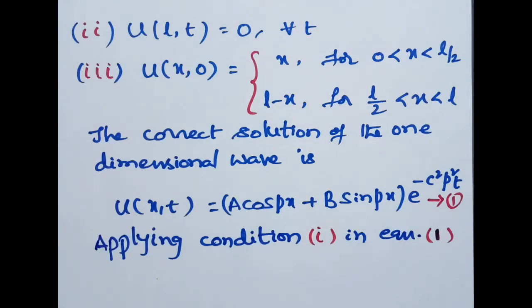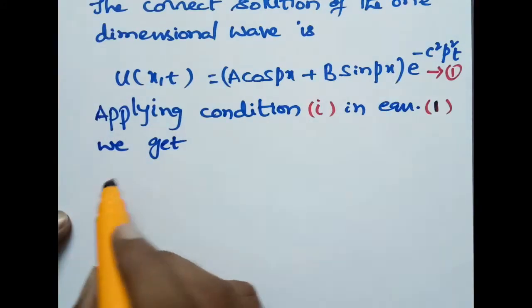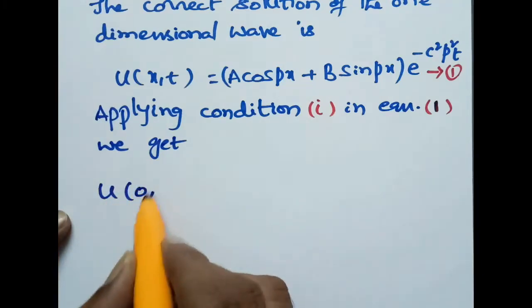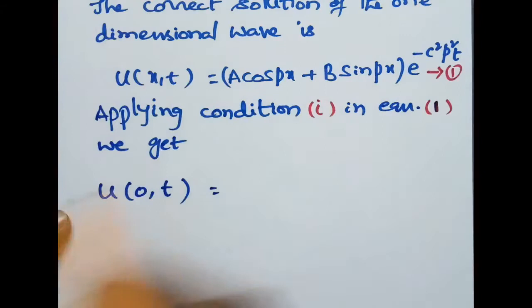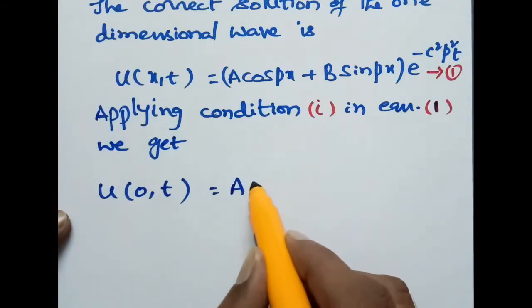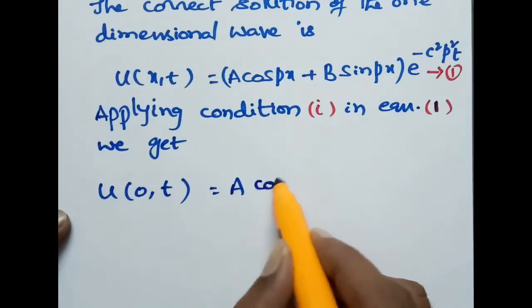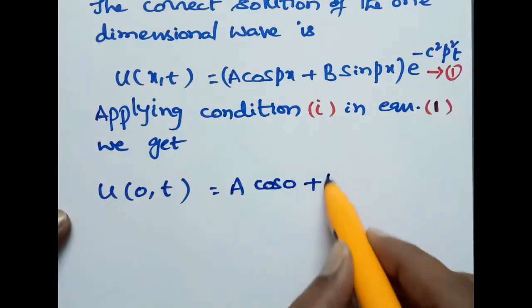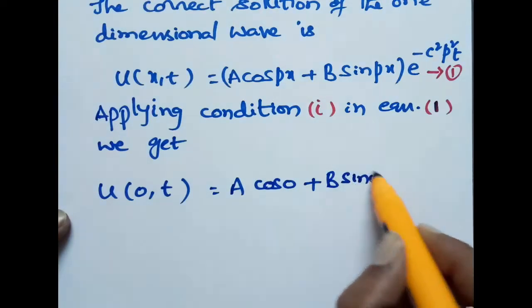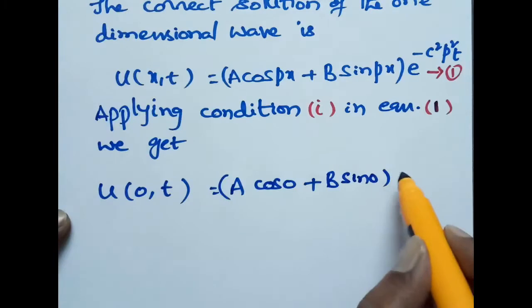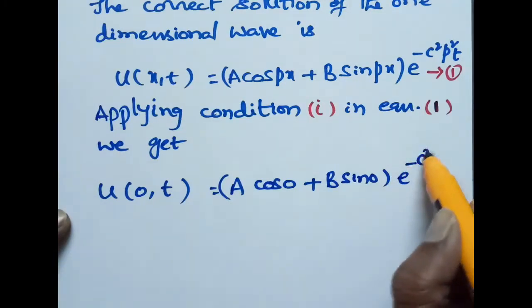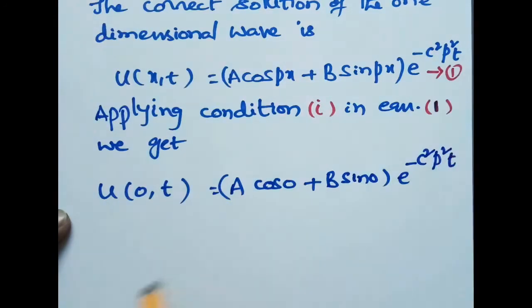We get u of 0 comma t is equal to (a into cos 0 plus b into sin 0) into e to the power of minus c square p square t.